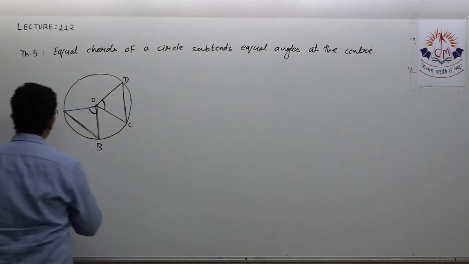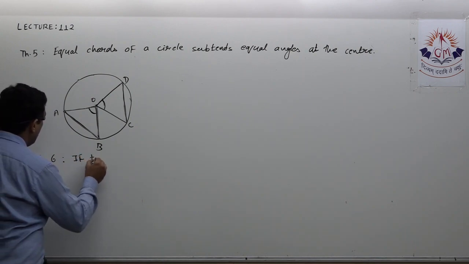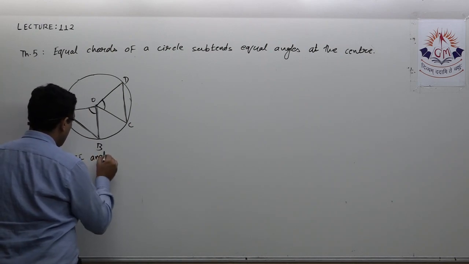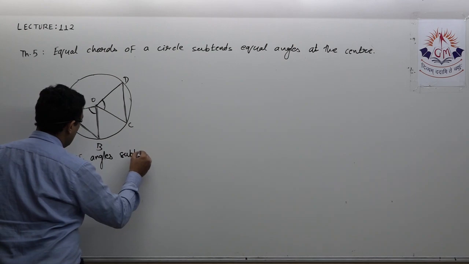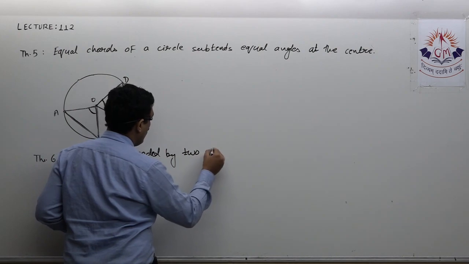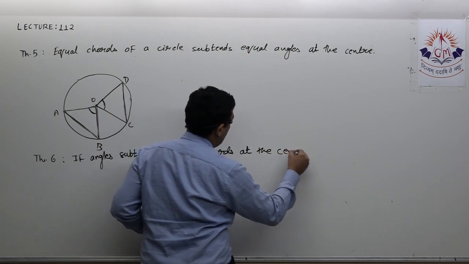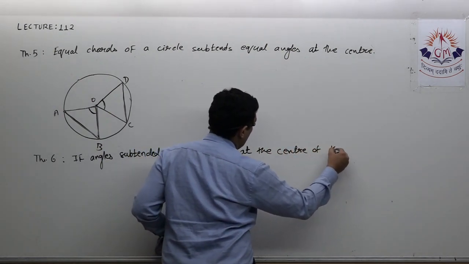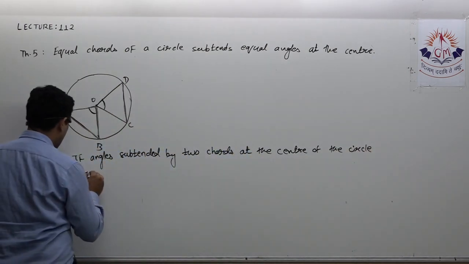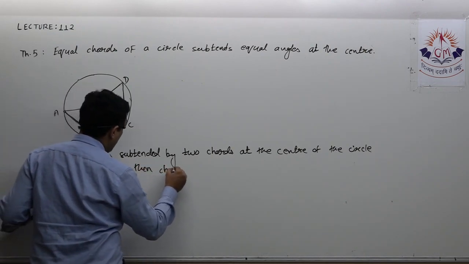Okay, theorem 6. Theorem 6 says if angles subtended by two chords at the center of the circle are equal, then chords are equal.